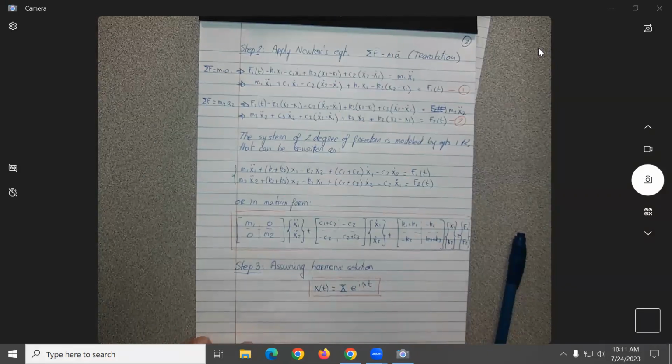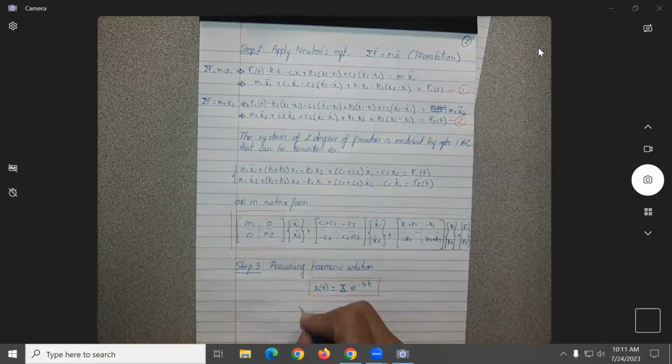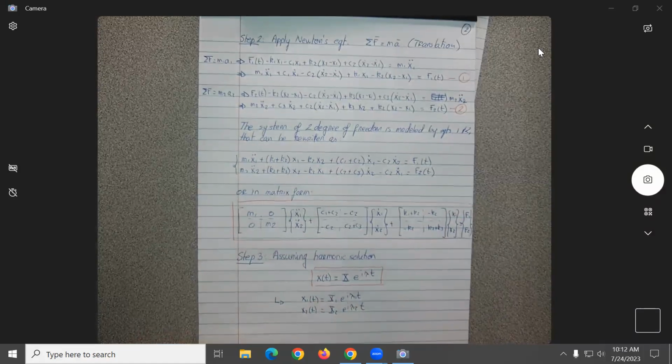So basically, what does that mean? That really what we're going to have is what? We assume one solution for X1 of t, no? That should be equal to capital X1 e^(iλ1t), and another one that will be of the other form, capital X2 e^(iλ2t), no?